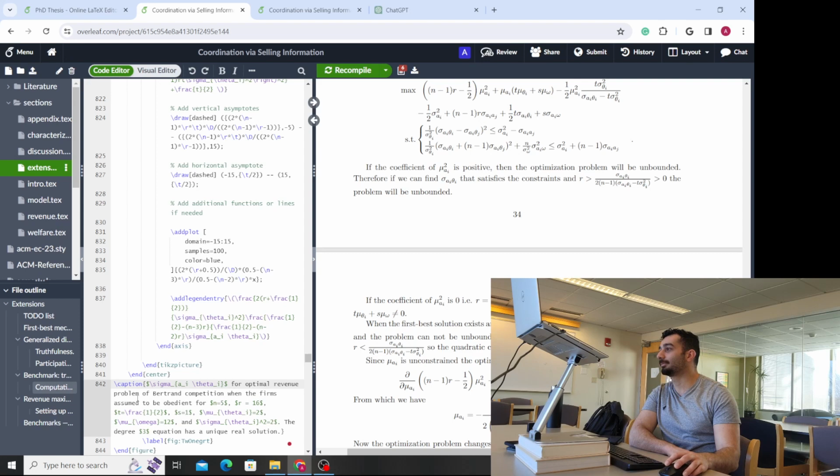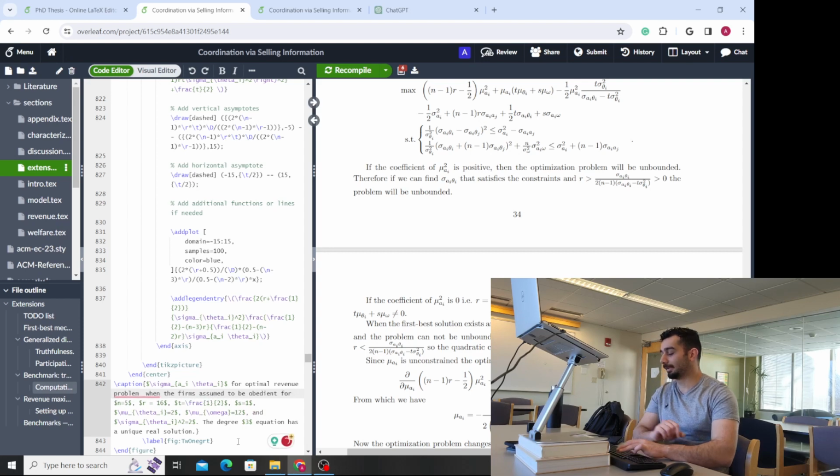So for the optimal revenue problem, when the firms are assumed to be obedient, and RT less than 0 for n, R. Wait, why is it like that?